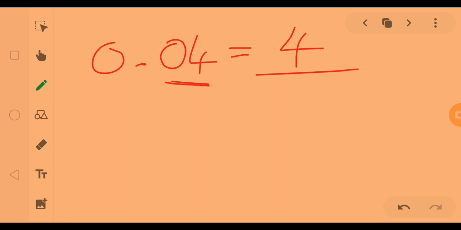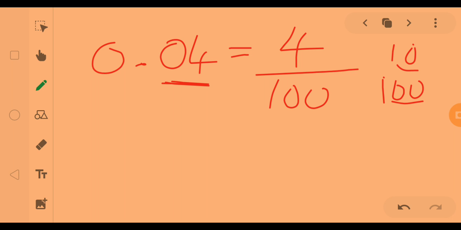There are 2 decimal places. Which number do we choose here, 10, 100 or 1000? 10 has only one zero, so we can't write that. So 100, the number having 2 zeros. So 2 zeros and 2 decimal places. We give 4 upon 100.